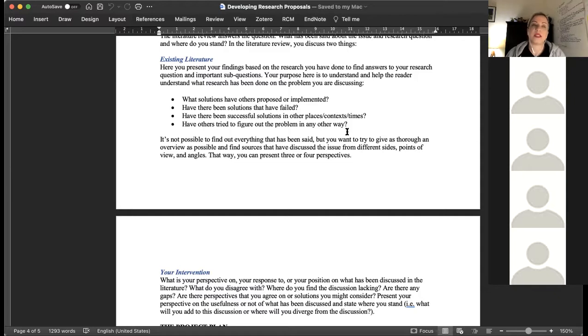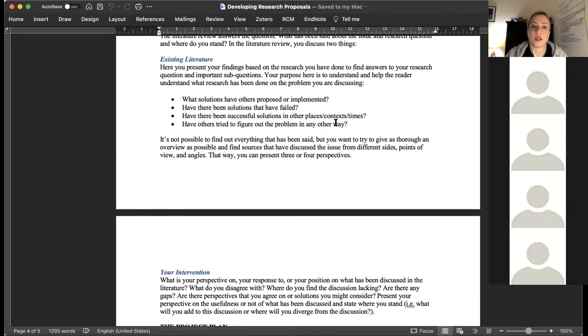So let's take, for example, one of the ideas that were proposed for this class, which is having vertical walls with plants in order to decrease pollution, increase oxygen flow, and they are aesthetically pleasing.